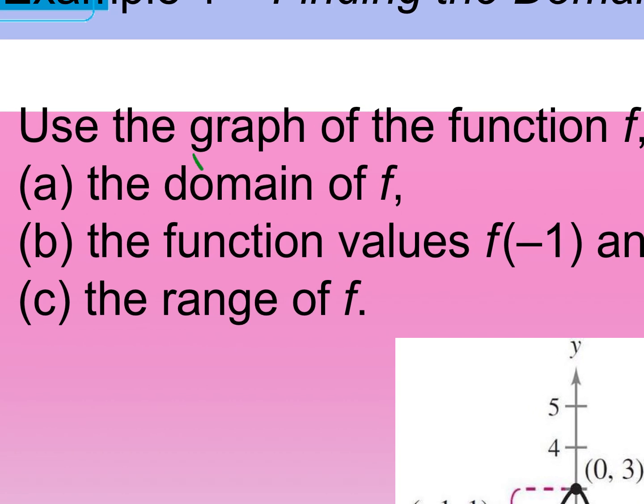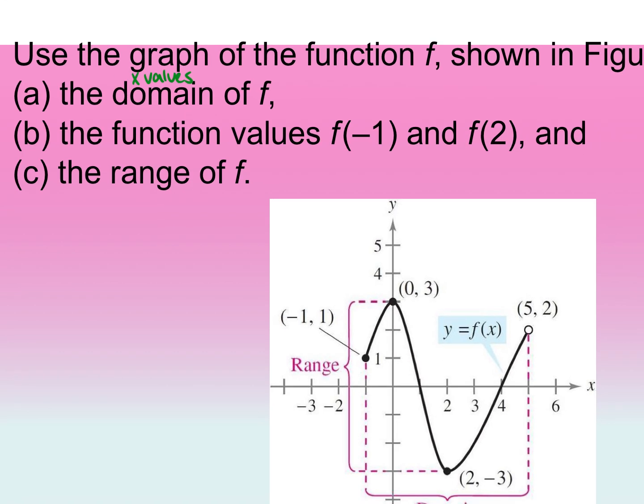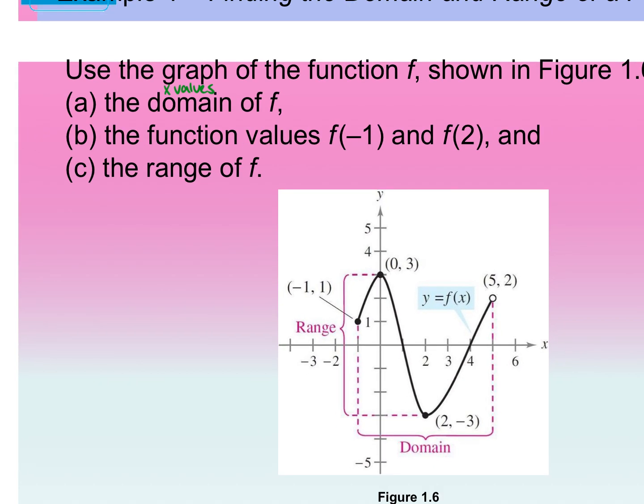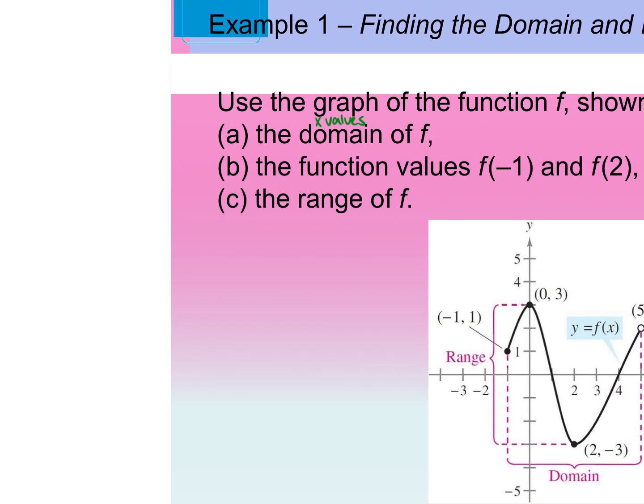So domain, we know, is the x values of the graph. So of our graph here, our domain would be from what to what? What do you think? So domain and range always go from smallest to largest.